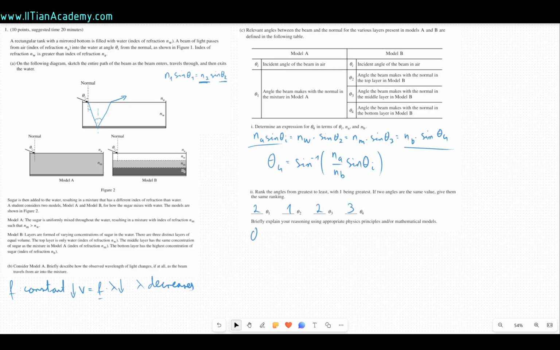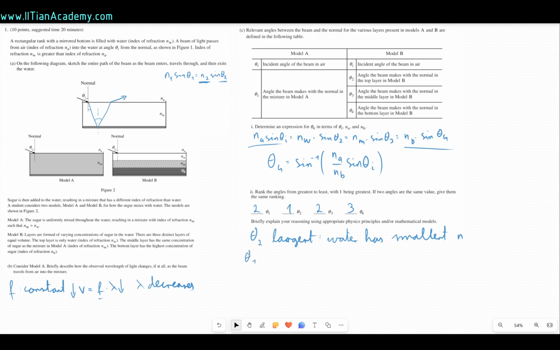However, we can briefly write down that theta 2 is largest because water has the smallest refractive index.